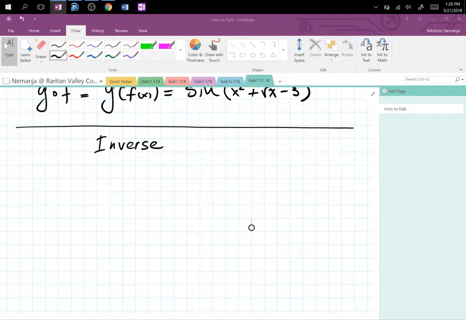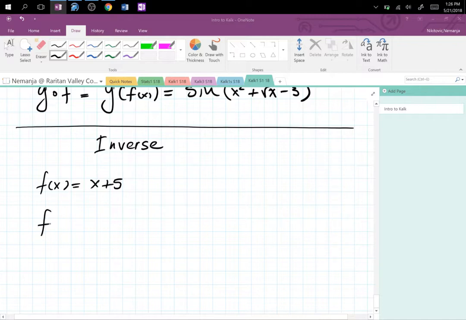So inverse. Inverse is like one big undo button, okay? Think about this. Your function f of x is, let's say, x plus 5. So what is f of 3? Is clearly 3 plus 5, which gives you 8. And you have the ordered pair 3, 8. 3 was the input, 8 is the output.